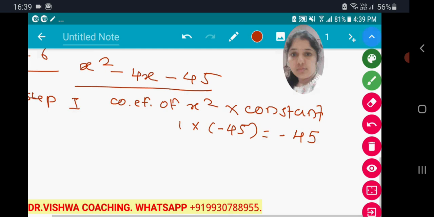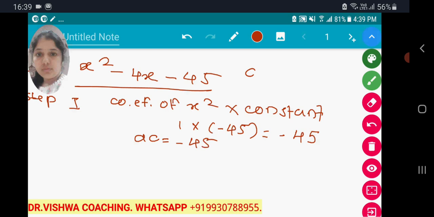Now see, this multiplication is termed as AC. How? This is like ax square plus bx plus c.